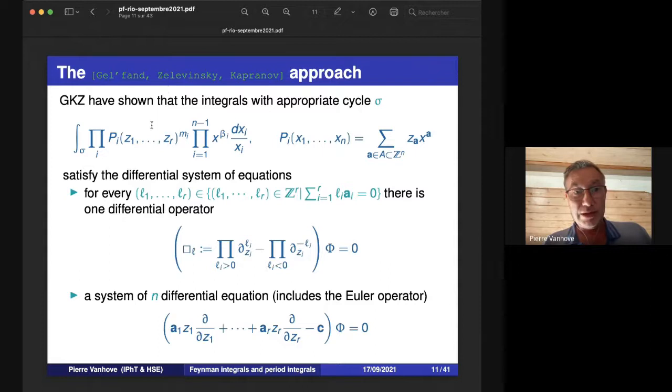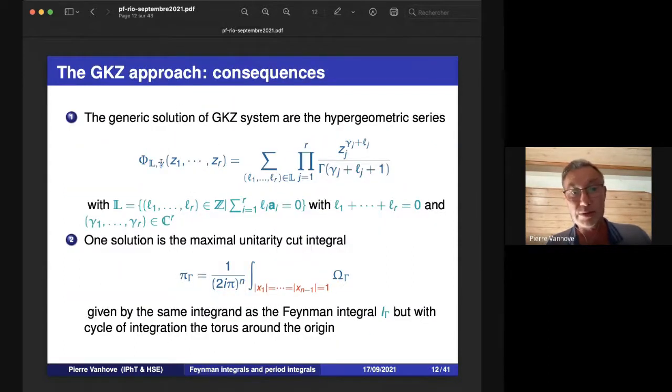And so then GKZ tells you, okay, there is this lattice, and then there is the differential operator, there is this over differential operator that includes as well the Euler operator for the homogeneity in the integral, the cycles, and then there are some specific solutions that are the hypergeometric function solutions, okay?